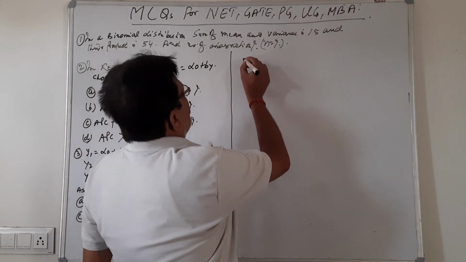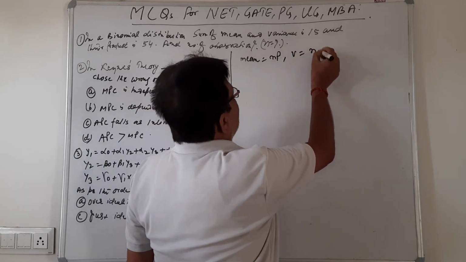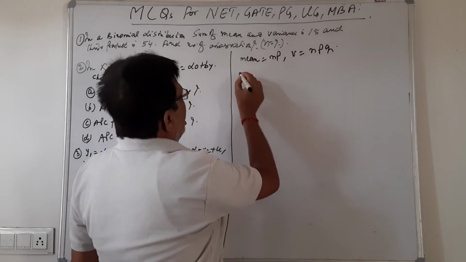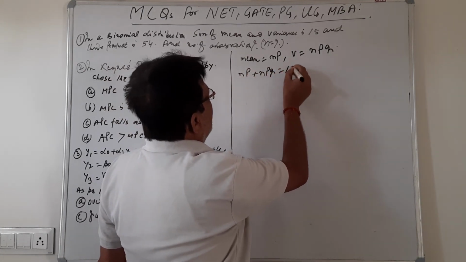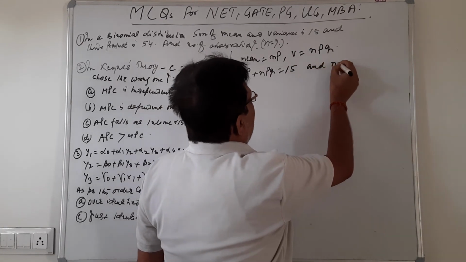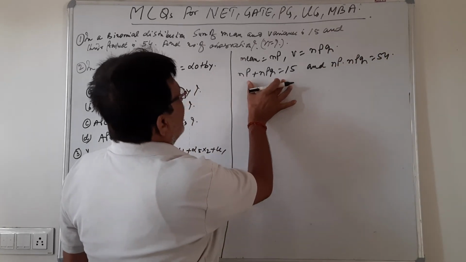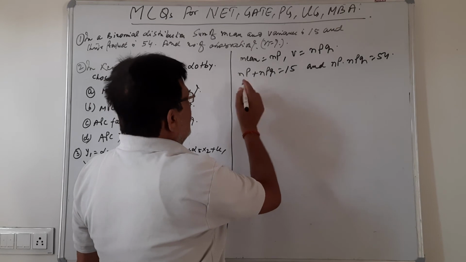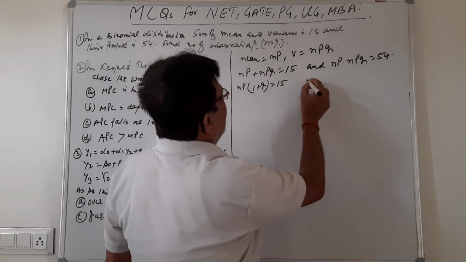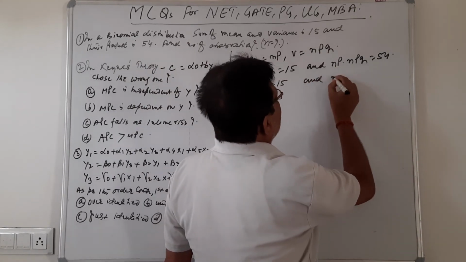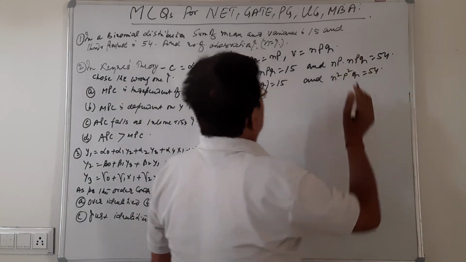Now in binomial distribution, mean is np and variance is npq. So by the question, np plus npq is 15 and np into npq is 54. In the first equality we can take np as common, so np(1 plus q) is 15, and here n square p square q is 54.